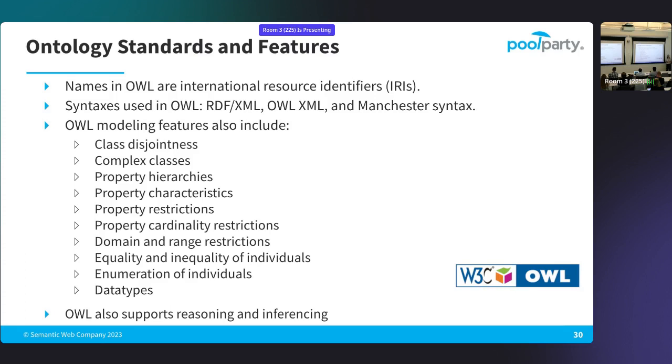In a triple, the domain is the subject and the range is the object, and you can restrict either of those or both. There's also equality or inequality of individuals, how many individuals, other data types, and also supporting reasoning and inferencing. So you can see this gets quite rich and complex, and all this doesn't really have anything to do with taxonomies. Taxonomies don't do any of this.